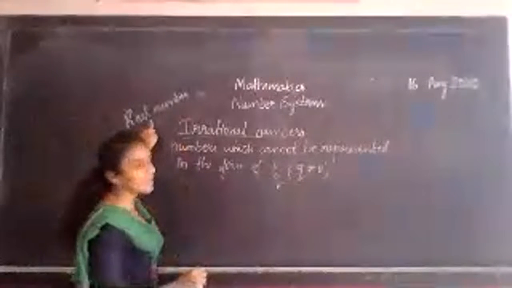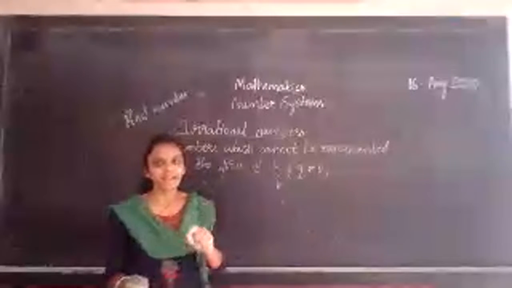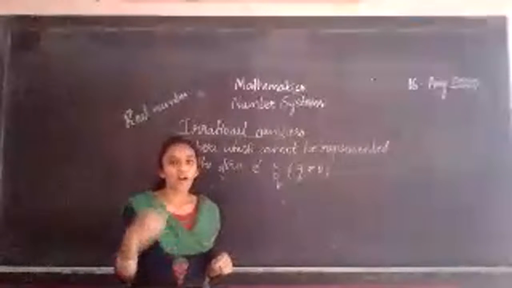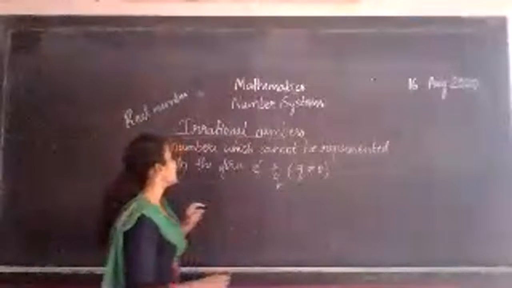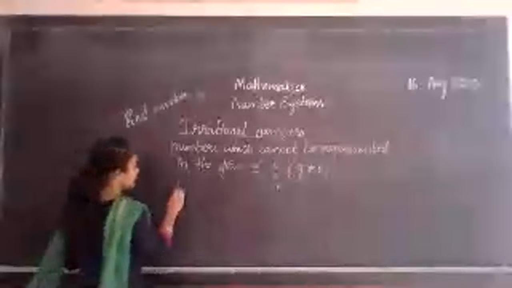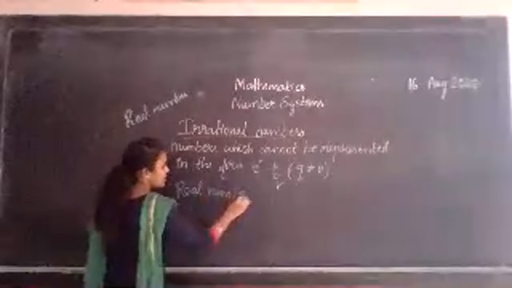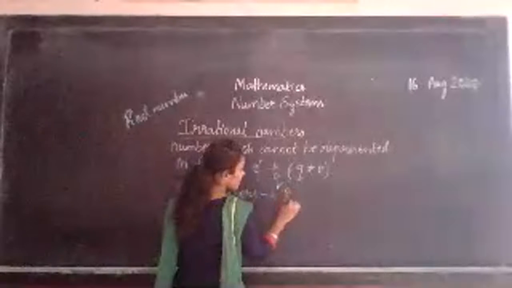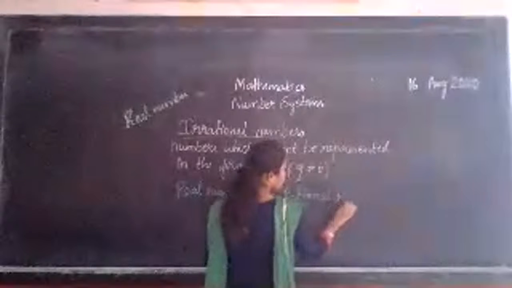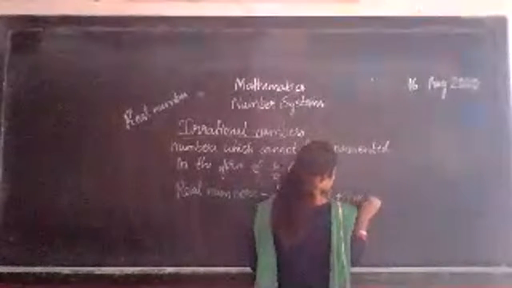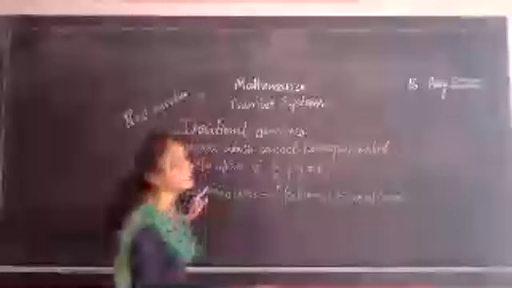The real number set is the combination of both rational and irrational numbers, so all rational and irrational numbers are real numbers. Understood? Real numbers form by combining rational plus irrational.